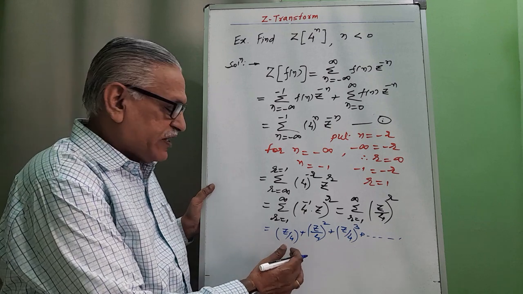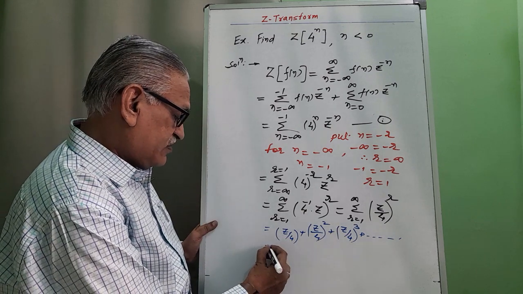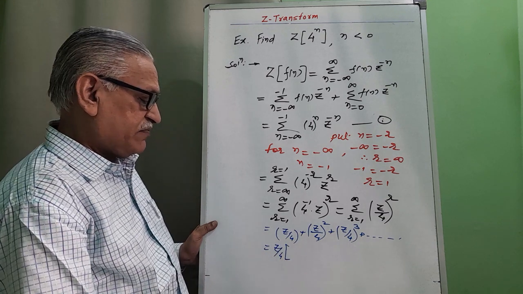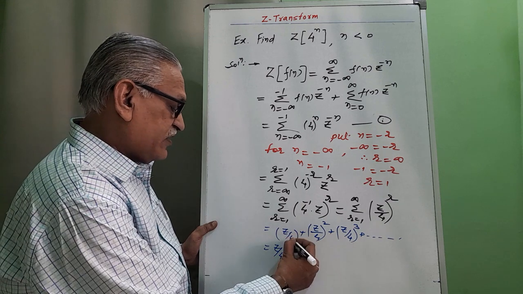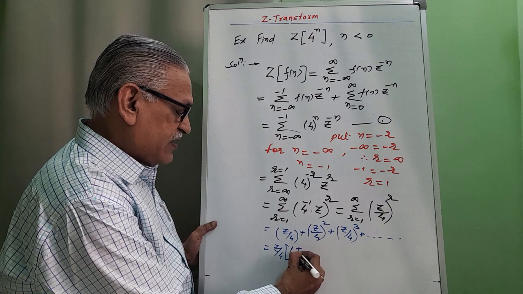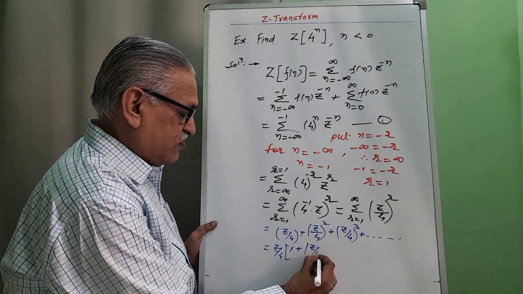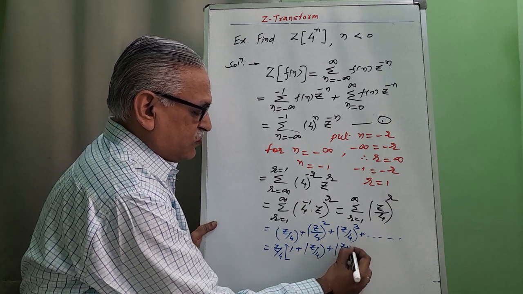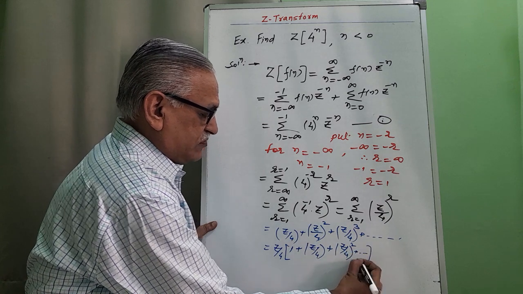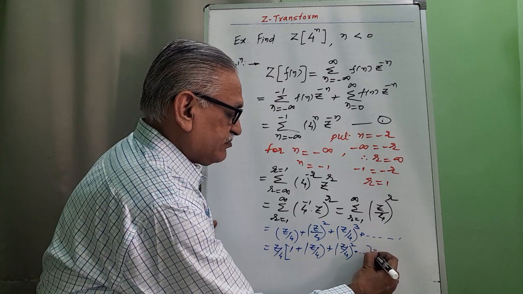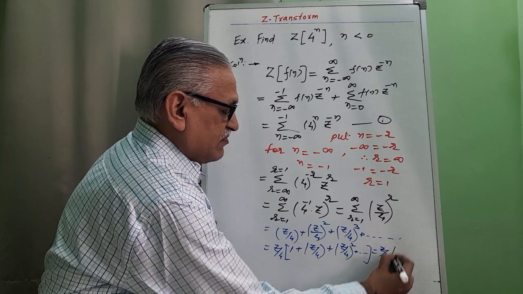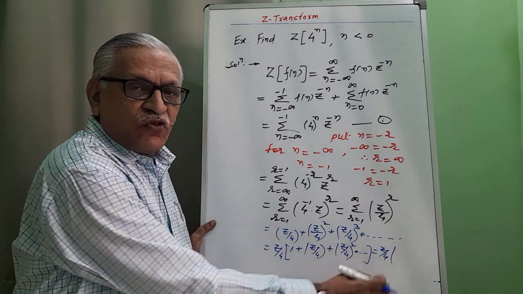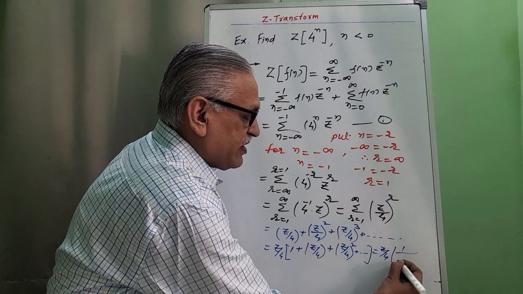From all these terms we take z by 4 as common. The remaining terms are 1, then z by 4, then z by 4 whole square, and so on. This is a sum of the type 1 plus capital X plus x square plus x cube and so on, which is nothing but 1 upon 1 minus capital X.